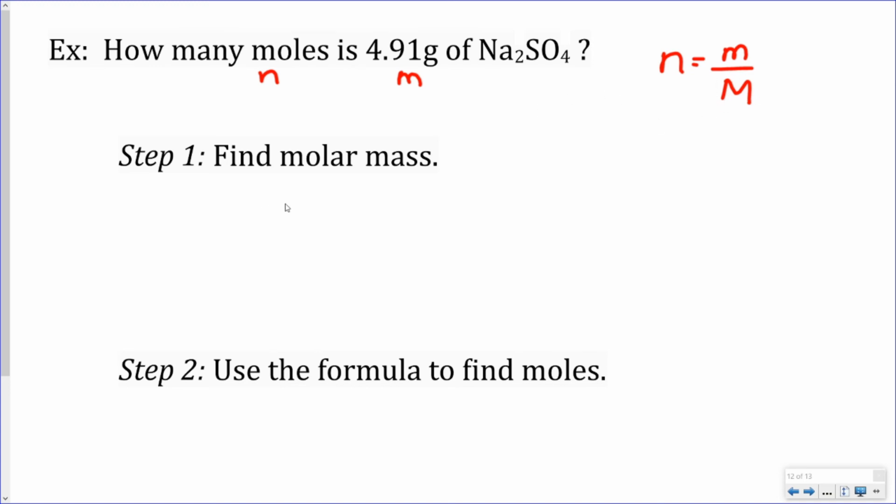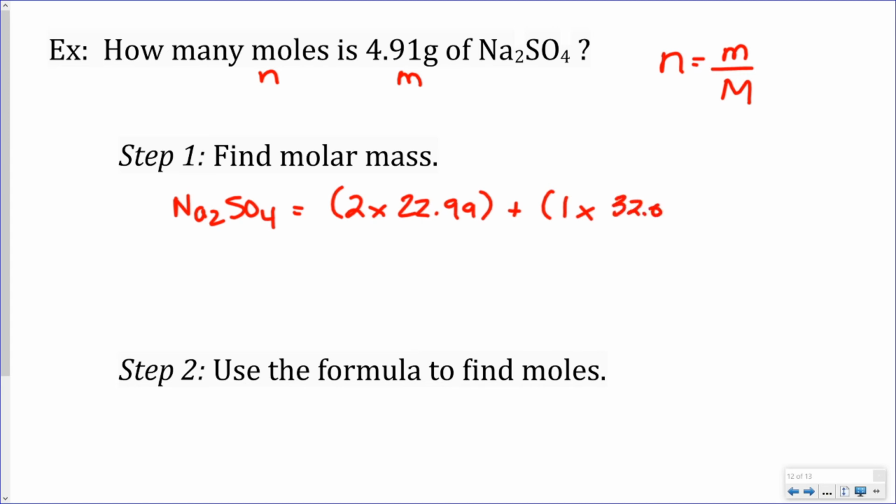And so the other thing we need to know is big M, molar mass. So that's what we have as the first step. Find the molar mass. For sodium sulfate, we will have 2 times sodium, which is 22.99, plus 1 times sulfur, so 1 times 32.06, plus 4 times 16.00.